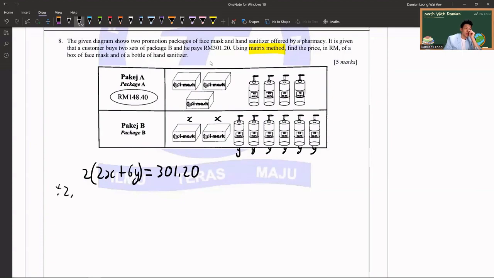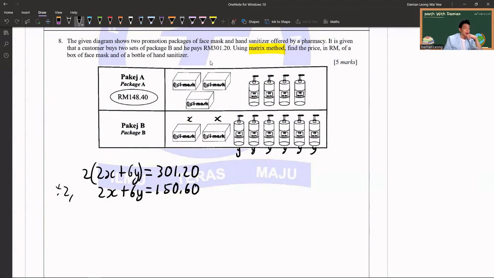So I can divide 2 actually. 2x plus 6y, 150 ringgit 60 cents. If you want, you can even divide 2 again, but it's okay to leave it at that.